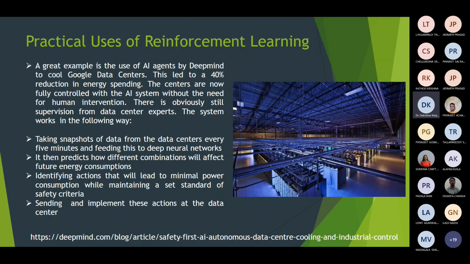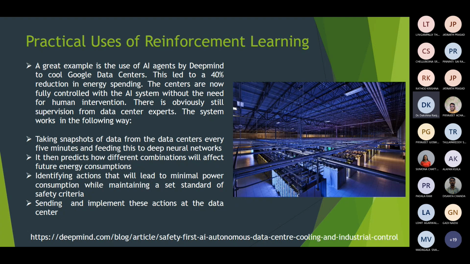The Google data center houses a large number of high capacity servers and workstations. To reduce the energy consumption of the Google data center, Google developed the DeepMind AI tool.